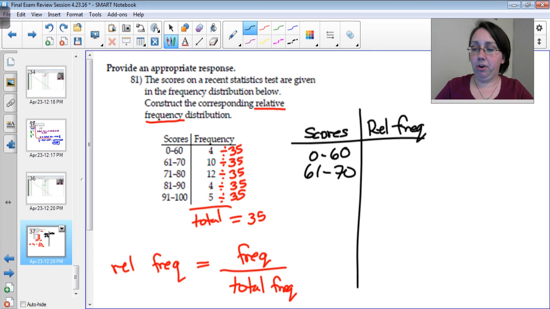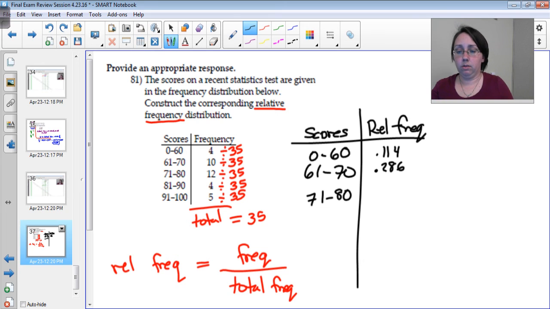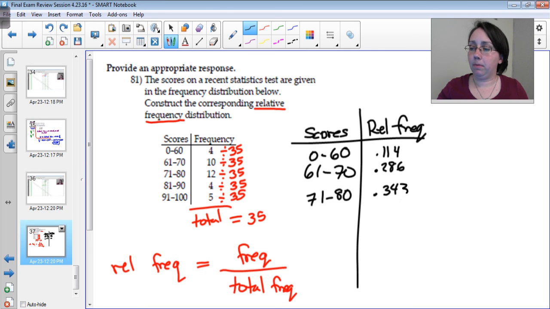So 4 divided by 35 is what? 0.1143. All right, three decimal places is probably good. 10 divided by 35? 0.286. 0.286. And you get the idea? 0.343, and so on.